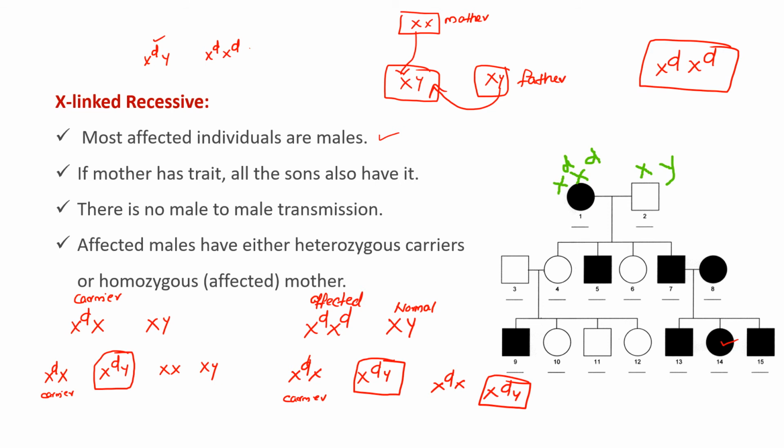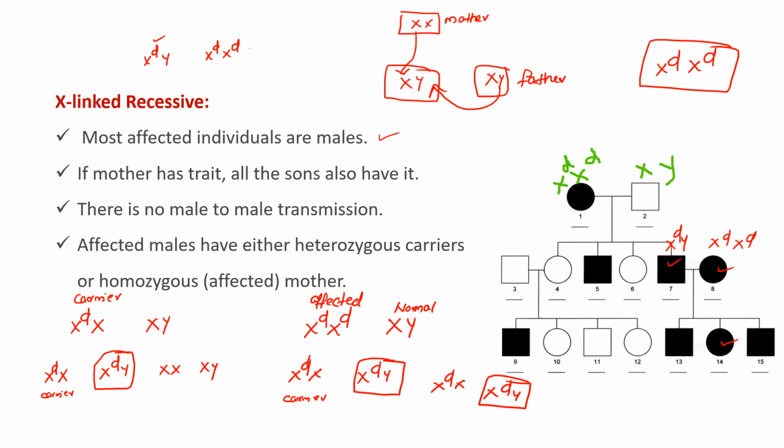Here you can see that this is affected father, this is affected mother. Affected mother we can represent as XDXD and affected father as XDY, isn't it? So, affected female should have an affected father and also either affected or carrier mother.